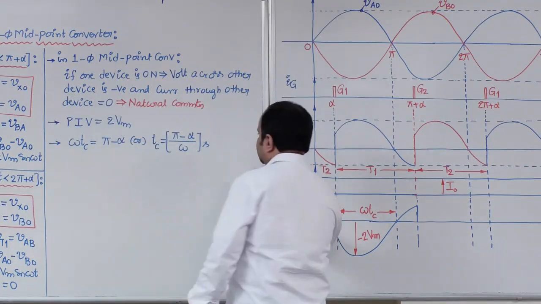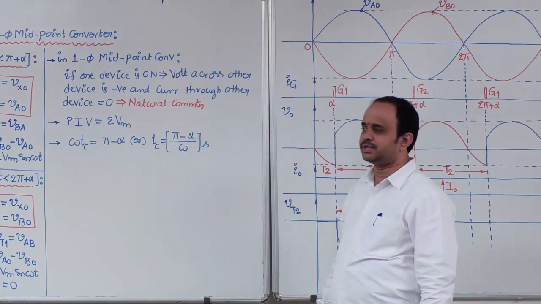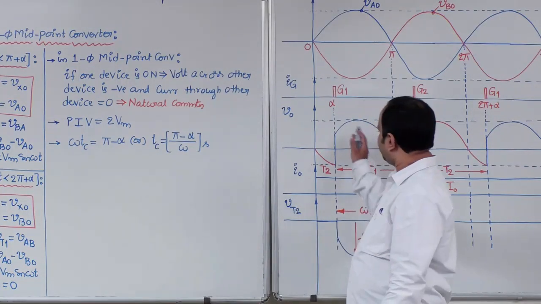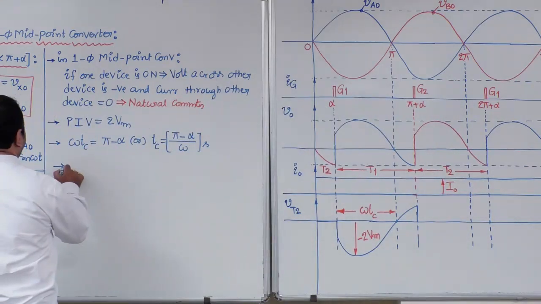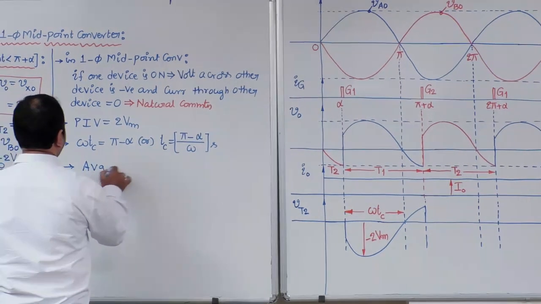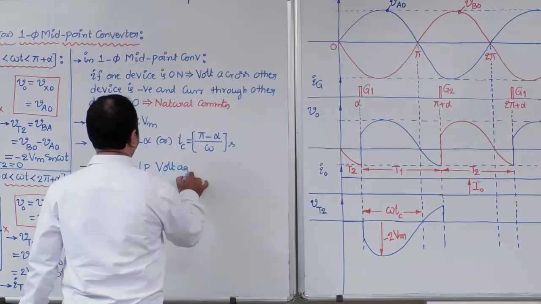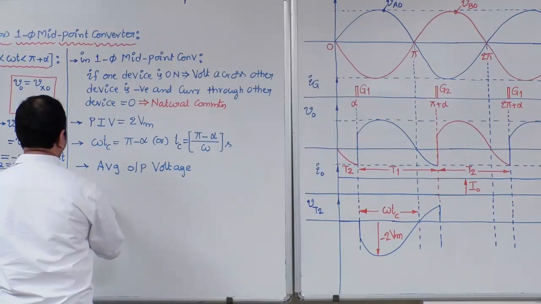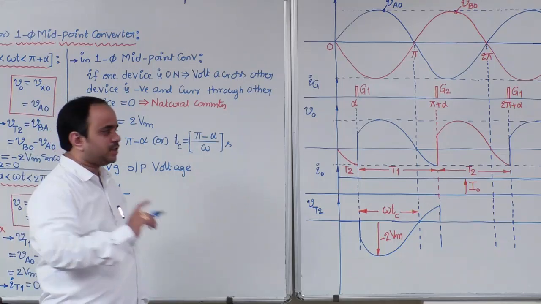Now, the waveforms are completed for the midpoint converter. From this V0 waveform, let us calculate the average output voltage. V0 is equal to 1 by periodicity.